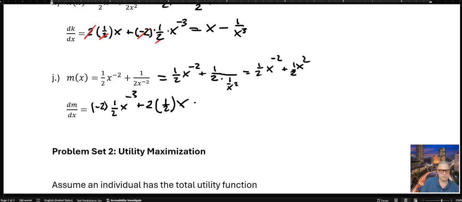Okay, so now some things cancel out again, negative 2 with the 2, so this cancels out, but we got to keep the negative 1, so that becomes negative 1 over x cubed plus, again here, that cancels out, plus x.